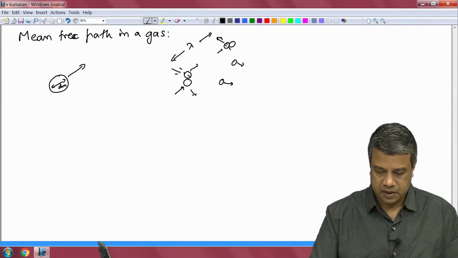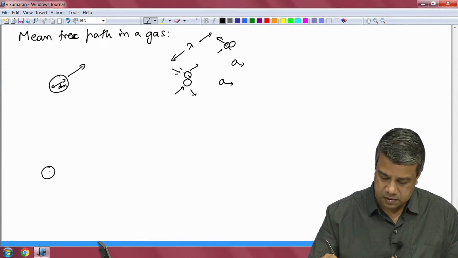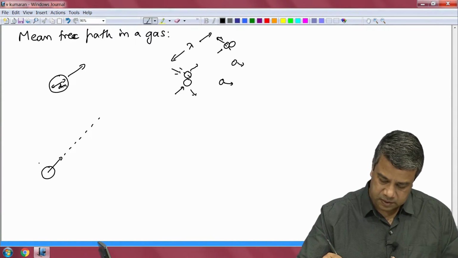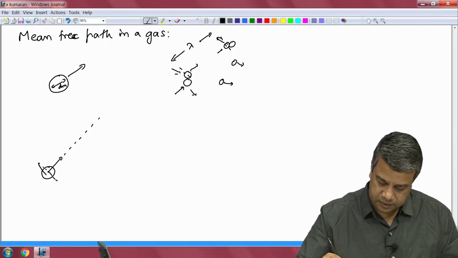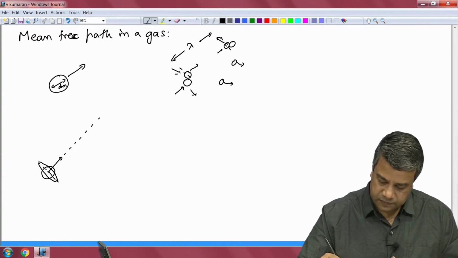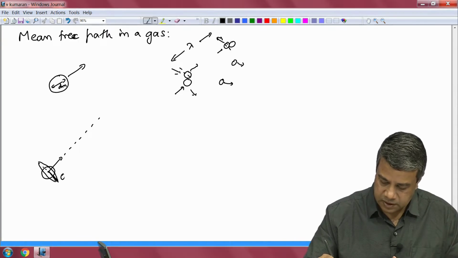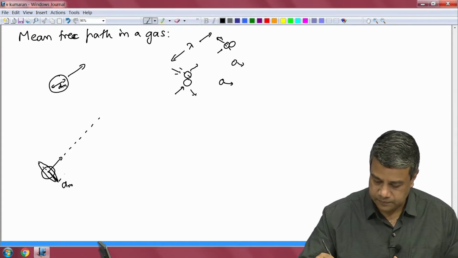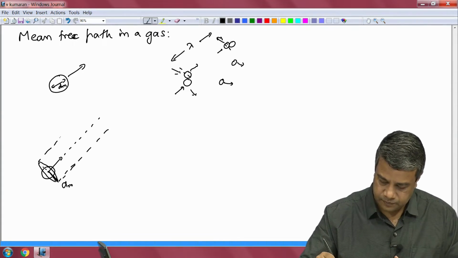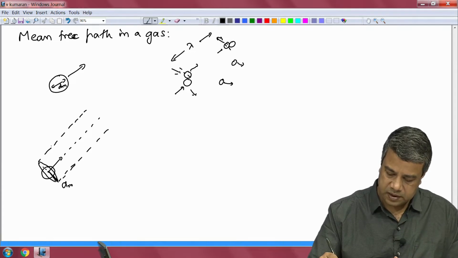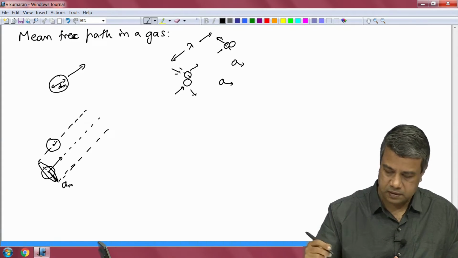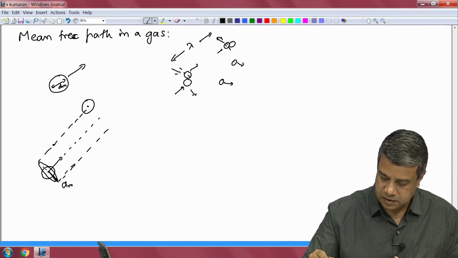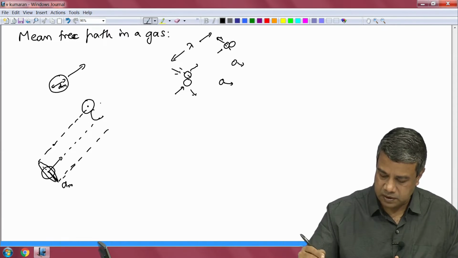So, when a molecule travels in a gas, it traces out a cylinder of radius equal to the diameter of the molecule, in such a way that when the center of another molecule comes on this cylinder, that means that the surfaces of the two molecules are in touch.